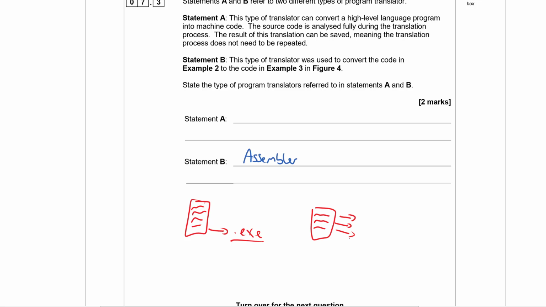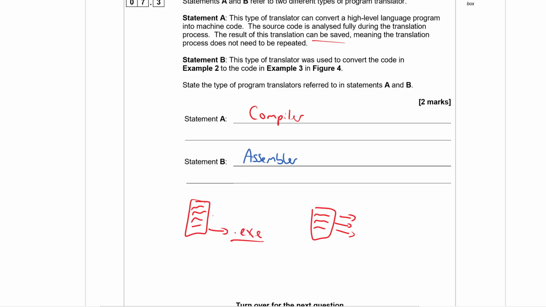And if you want to rerun the program, you've got to translate it all again line by line. So statement A is actually a nice description of what a compiler does. So that bit about enabling it to be saved is really saying, well, it can produce an executable file, which an interpreter can't.